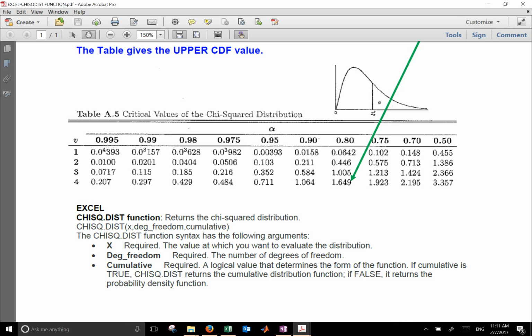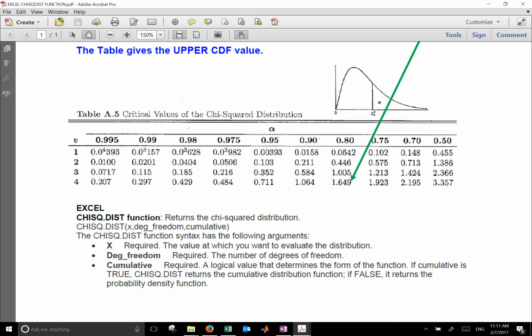So if we want to know the exact specifications of the Excel function, this is the chi-square dot distribution function. This one returns the chi-square distribution, and it has 3 parameters: X is a location, degree of freedom, and cumulative. This is the syntax.